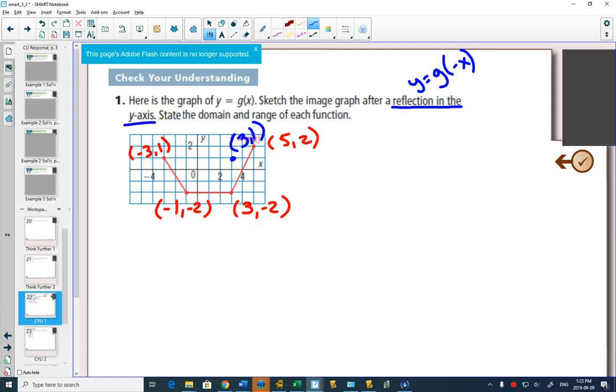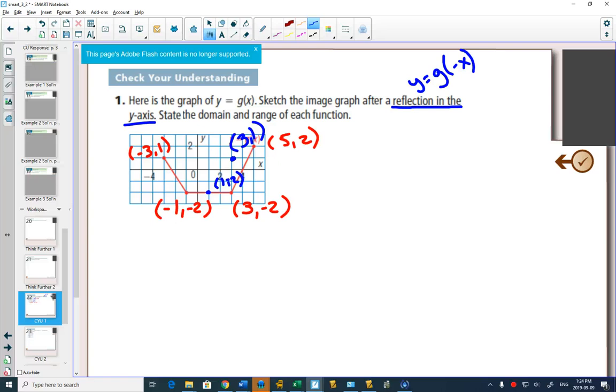Can you see that the only thing that's changed is the x-coordinate, which was -3, is multiplied by negative, now is +3. This x-coordinate at -1, if I multiplied it by a negative, it would become +1. -2 on the bottom still.